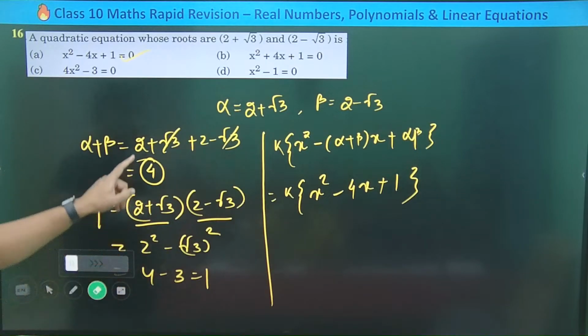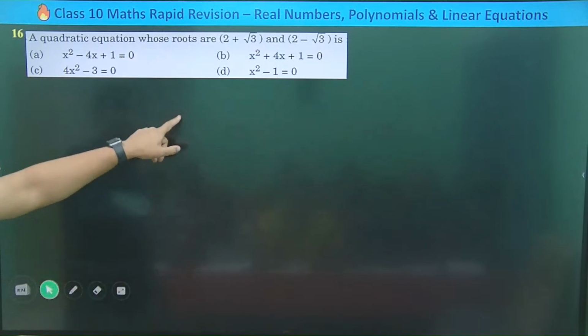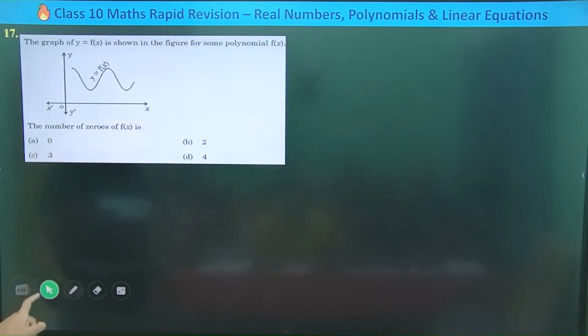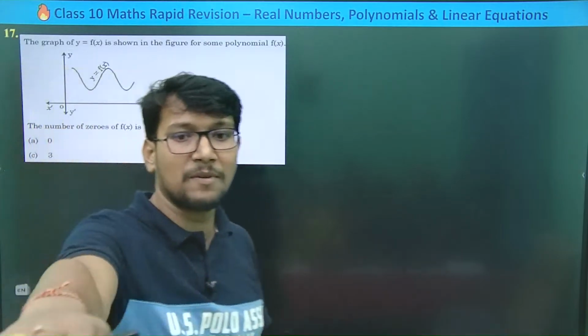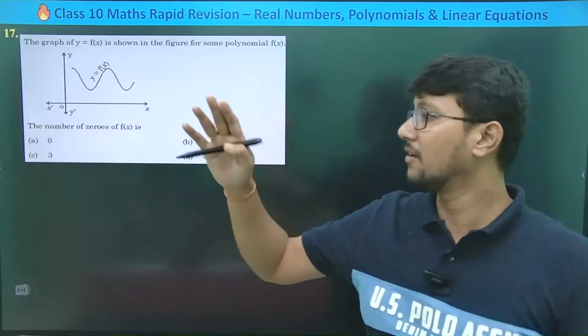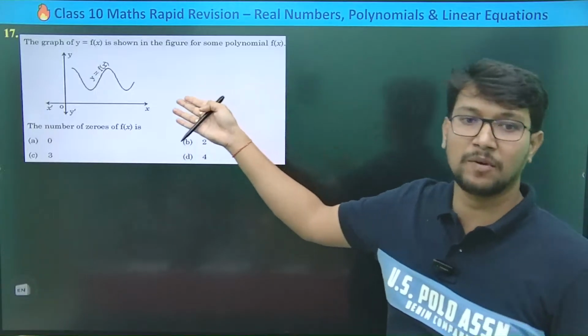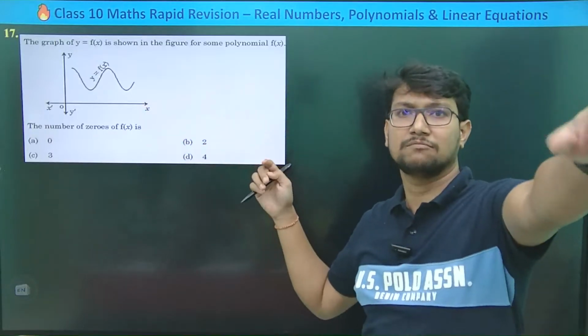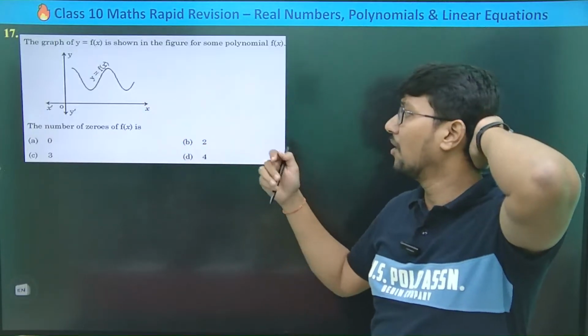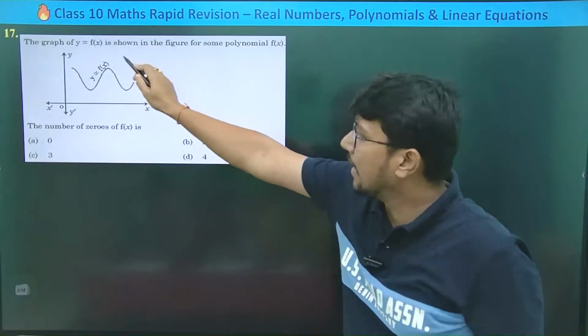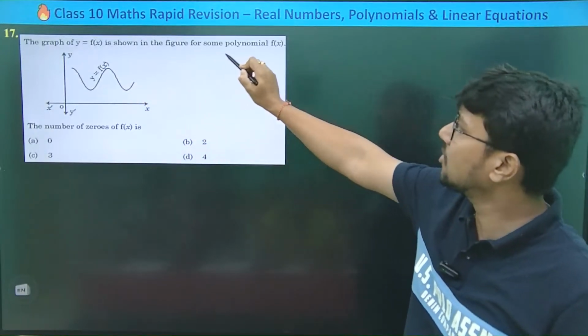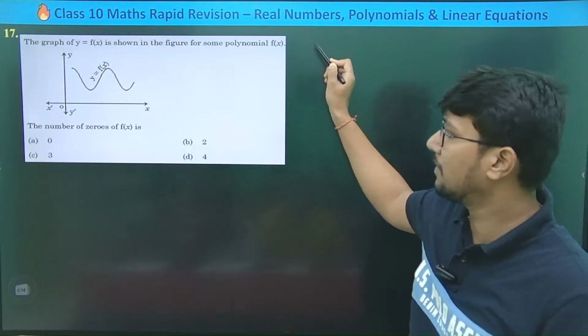You completed. Moving to next question. Let us see. Check quickly and give the answer. Who will give me the first answer? The graph is given, children. The graph of y equals to f of x is shown in the figure for some polynomial f of x.